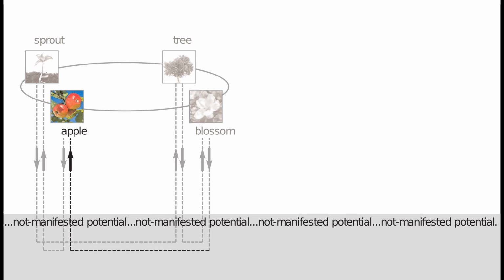For example, the apple only grows when the blossom is no longer there. However, the apple only grows if other conditions such as sunshine and water are present. I have chosen the water cycle as an example here.